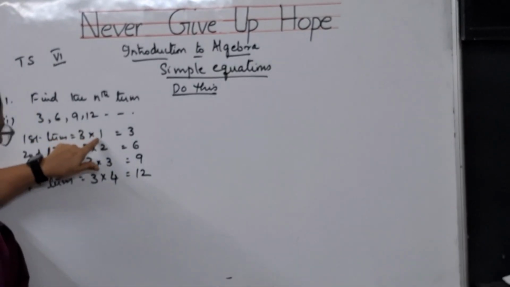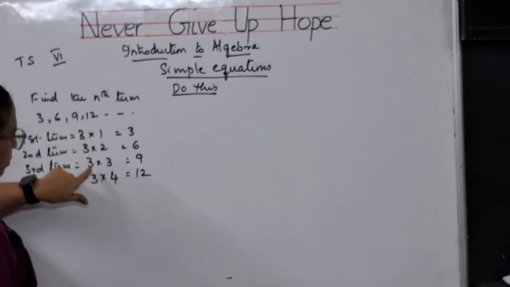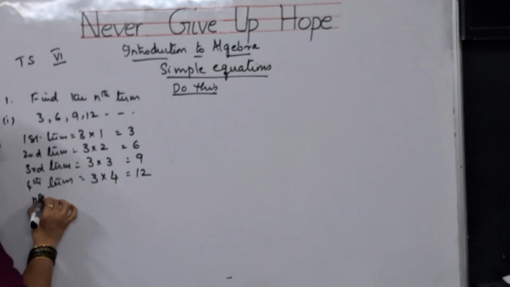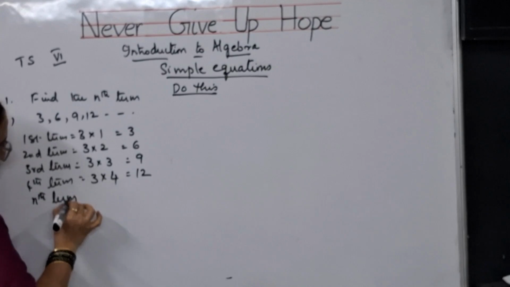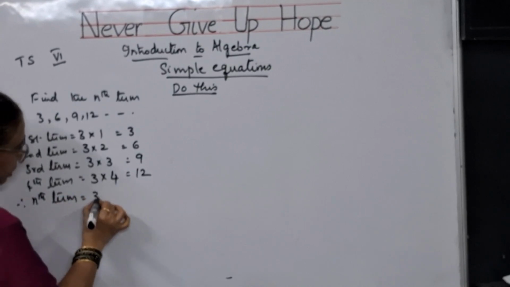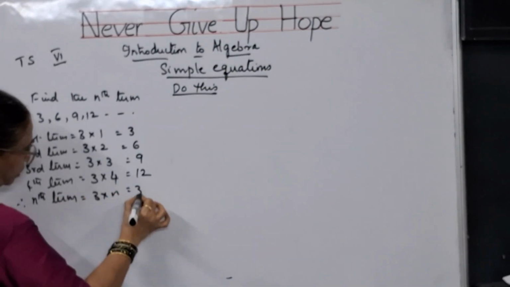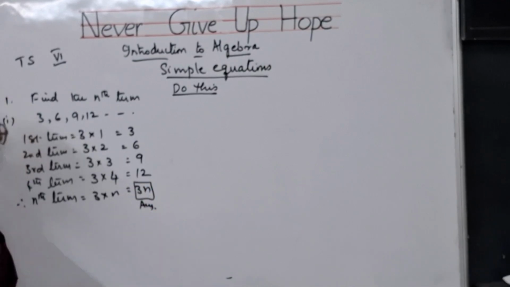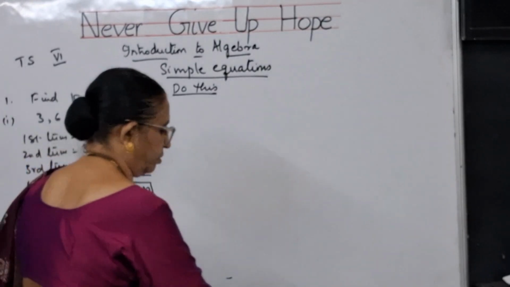So, first term 3 into 1, second term 3 into 2, third term 3 into 3, fourth term 3 into 4. So, what is the nth term? Therefore, nth term is 3 into n. That is 3n. This is the answer, children, for the first bit.